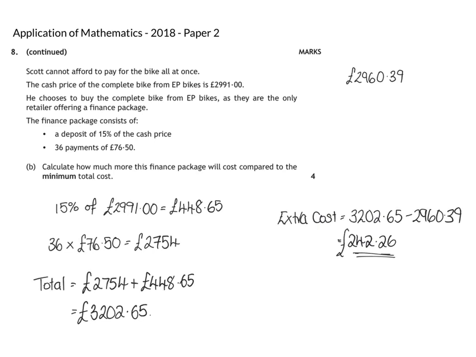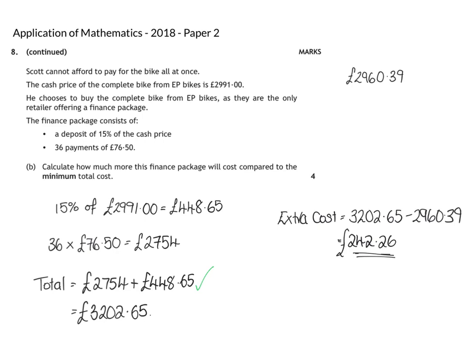So the marks for part B. The first mark is for knowing how to calculate a finance package, so knowing that you've tried to find the deposit and trying to find the total. Whether those answers are correct or not, it's a bit different. You wouldn't get all the follow through marks, but if you had different bits there, you would still get the mark for showing you've understood what a finance package is and how you've got your deposit and the payments.